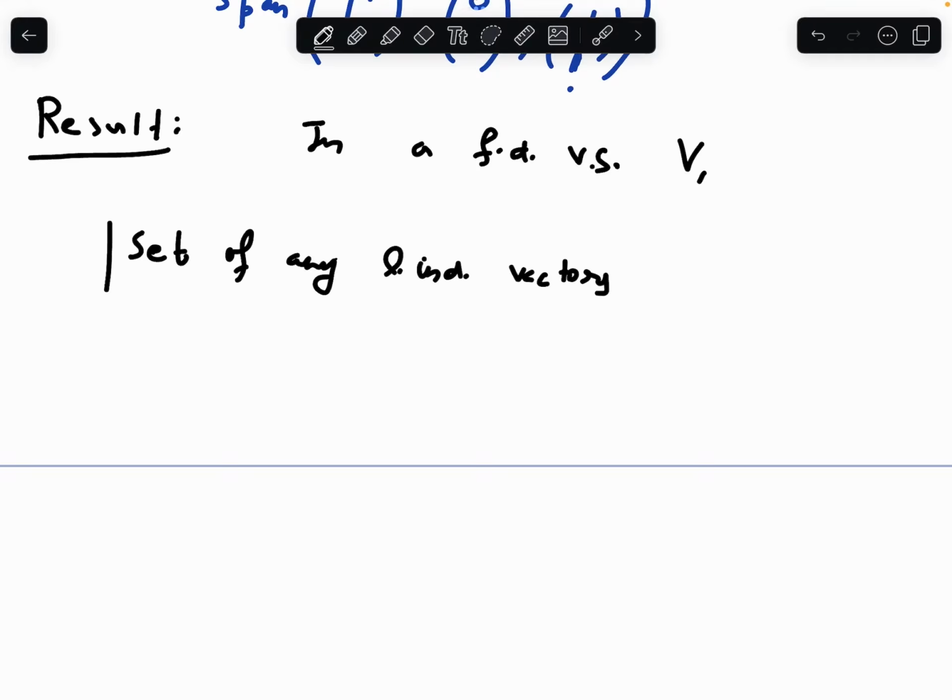If you look at the size, or the cardinality, of this set, you'll find that it is always less than or equal to the size of a set of spanning vectors.